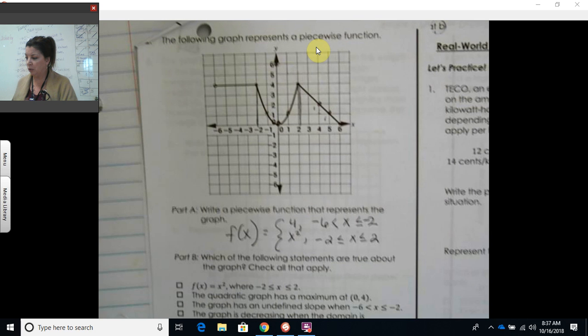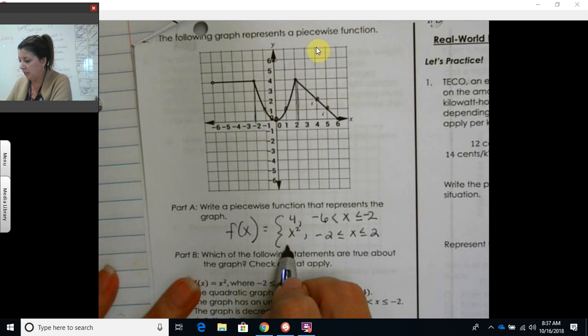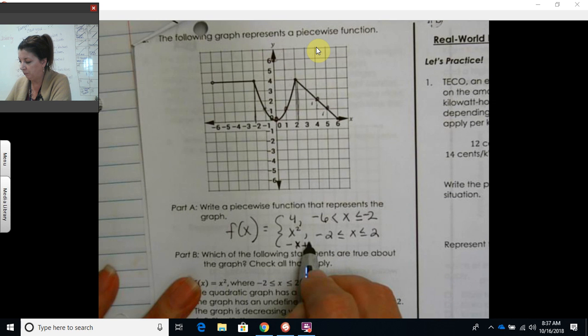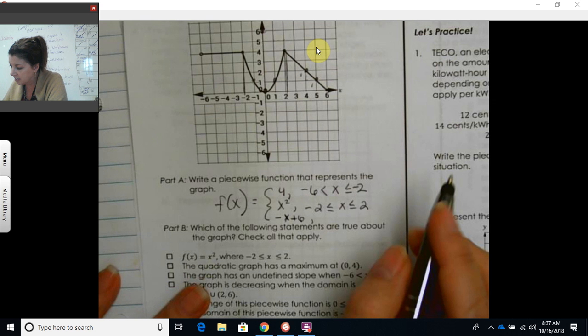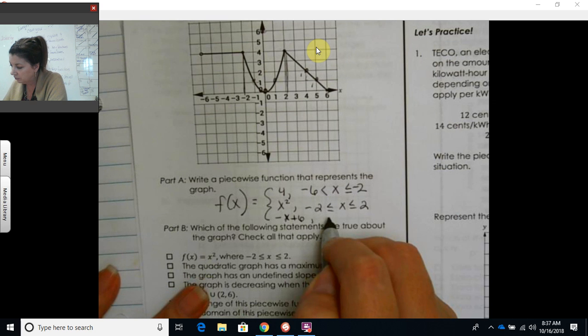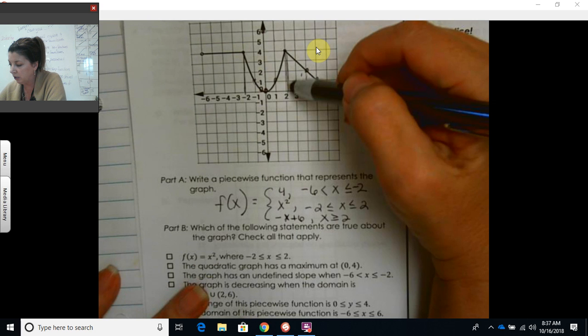So our slope is -1, so we just write -x. Our y-intercept would be +6. When x is greater than or equal to 2. Very good. Because all my x values are increasing as I go to the right.